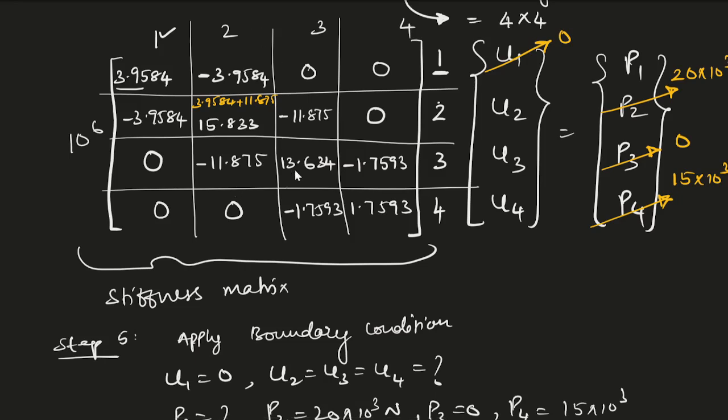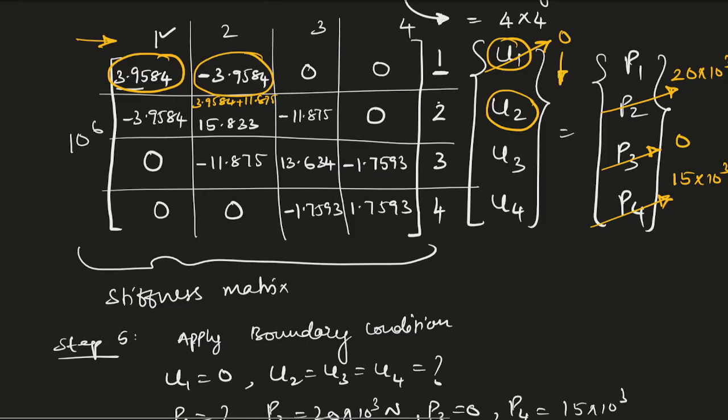The first element of the stiffness matrix will be multiplied with the first element of the displacement matrix. The element in the second column and first row of the stiffness matrix multiplies with u2. So this is multiplied with this.